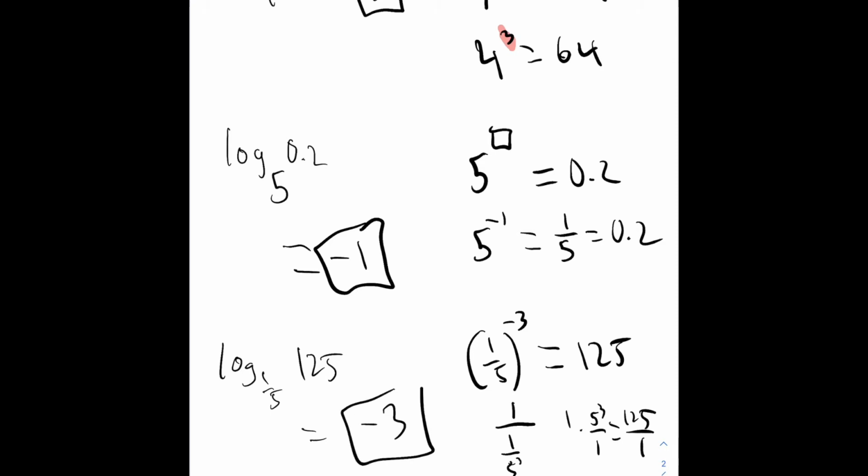So the answer for this problem is -3. Think about this as just like a super big fraction bar. I could even make this a fraction on top, 1/1, super big fraction, all over 1/5 times 3. Keep, change, flip.